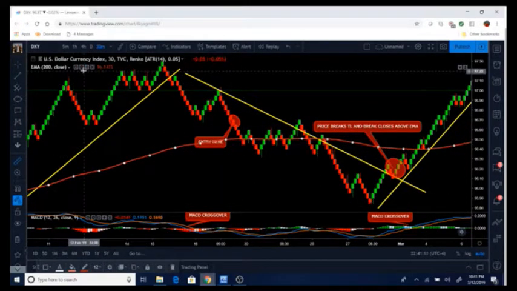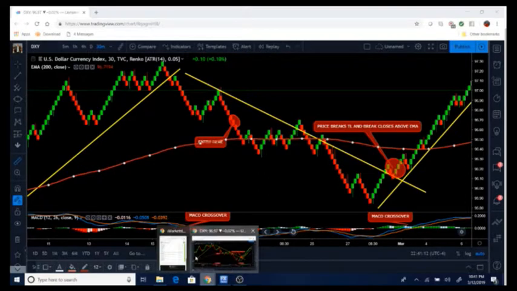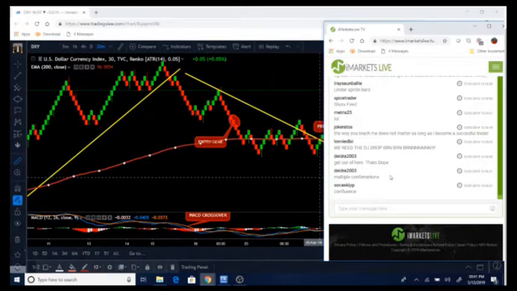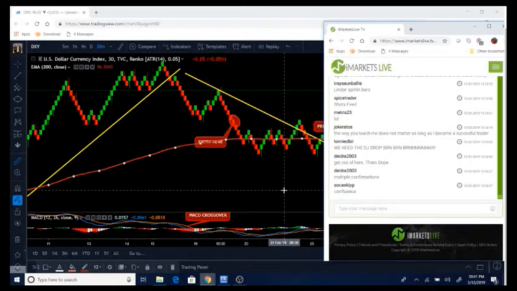Boom. So again, it all comes down to the type of trader you are and what you're trying to accomplish in the market. That's why I'm showing you different variations, whether you use the small EMA or the big EMA.